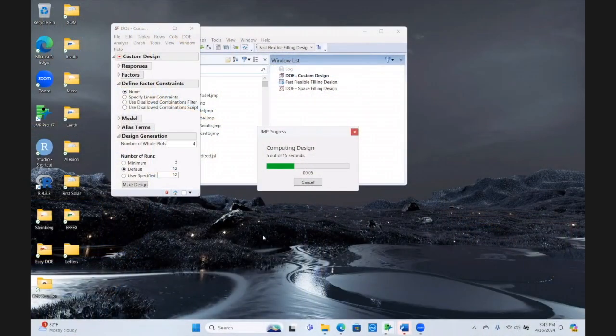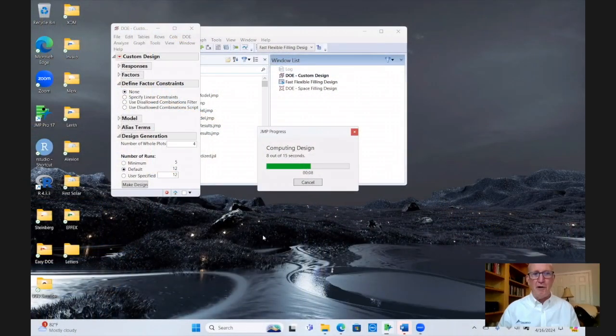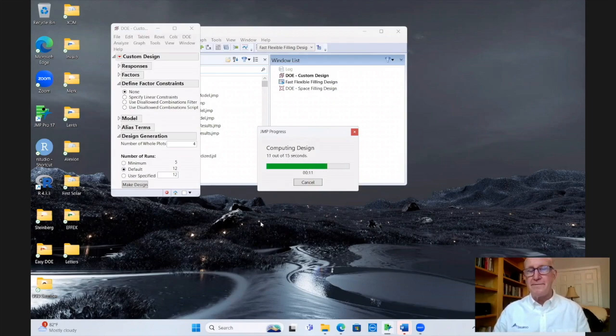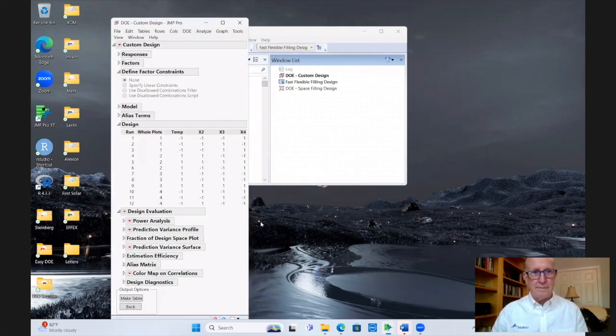Okay, temperature I want to be hard to change. And I'm going to do 4 whole plots, so I make the design. I don't know if the same thing will happen where you get 2 in a row of the same. Right, so this happened. We were fortunate, or unfortunate, as the case might be. Exactly.